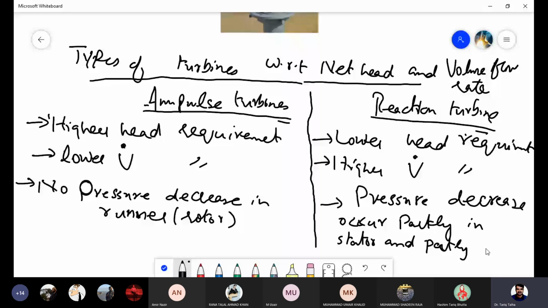In case of impulse turbine, all the pressure decrease occurs in the stator or nozzle. We call it nozzle. Is it clear?